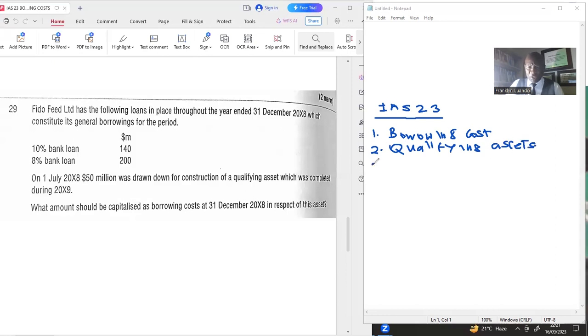We'll also be looking at the calculation of interest to be capitalized.